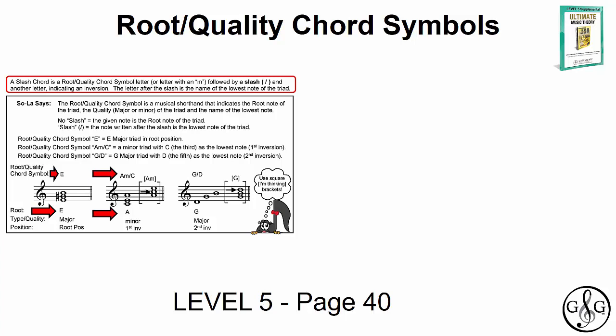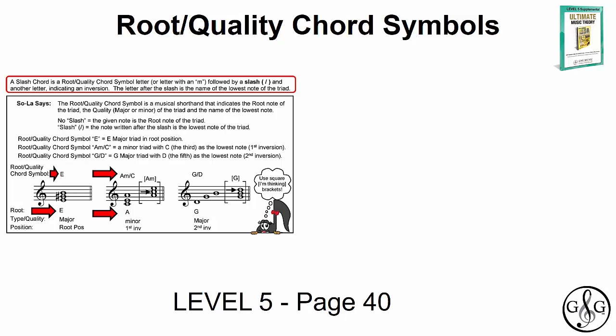So the root quality chord symbol is A, the root, followed by a lowercase m, indicating minor, followed by a slash, indicating, oh, that's an inversion, followed by the letter C, indicating the lowest note of the triad is C. Now, it's pretty easy when you think about it, but when we first see it and are teaching it, it's a little complicated.